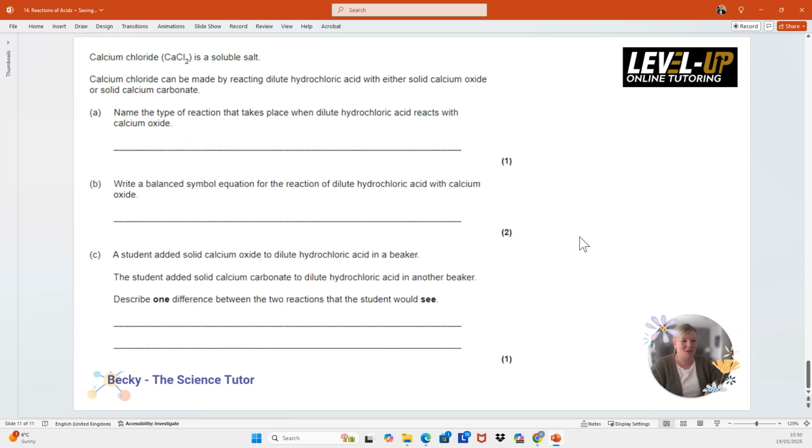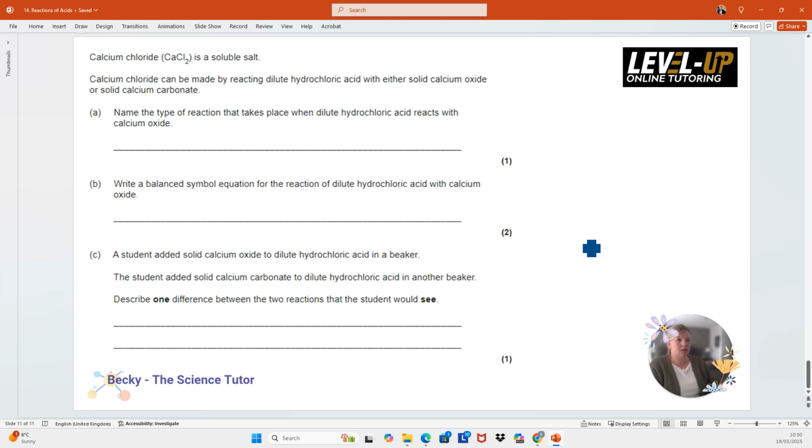Okay, and then on to the final one. This is a higher level question, because here it's asking us about what type of reaction, to write a balanced symbol equation, and then, as I said to you earlier, the difference between two similar reactions. So this is really testing the finer details. Calcium chloride is a soluble salt.